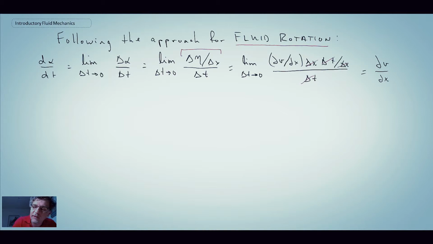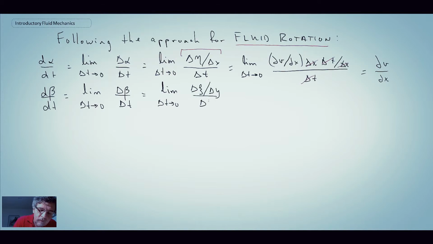So we get partial v partial x for the time rate of change in alpha, and similarly the time rate of change in beta. Again here, a small angle approximation is being made to relate delta beta to delta zeta.